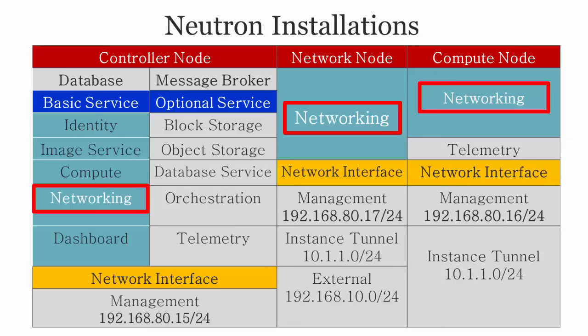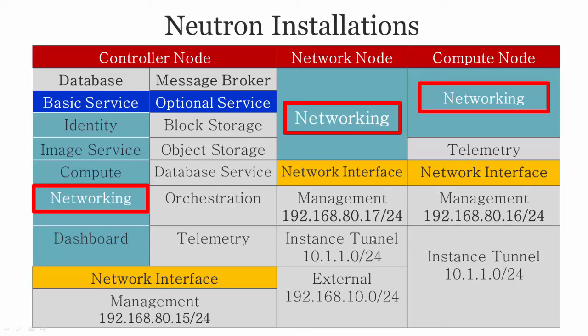So in this video, I will use this Neutron installation type. So controller node here, networking, and the network node here, networking, and the compute node, networking here. And if you check this one, network interface, for the management service, I will use this IP address, this one, and this one. In the case of the network node, we'll have three network interfaces.